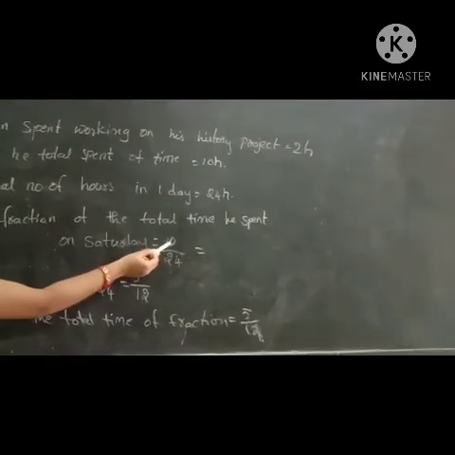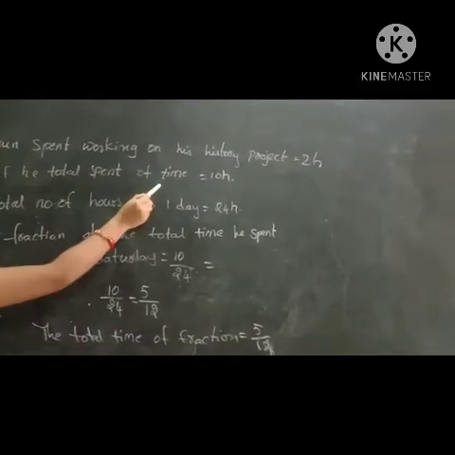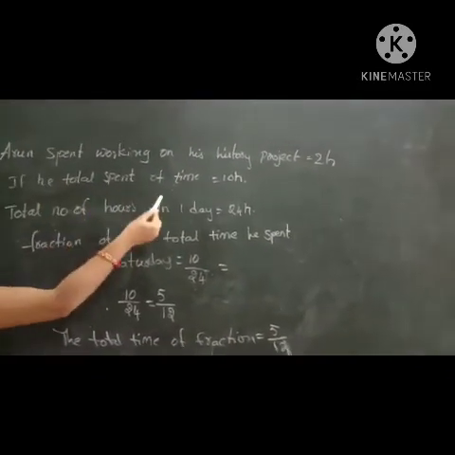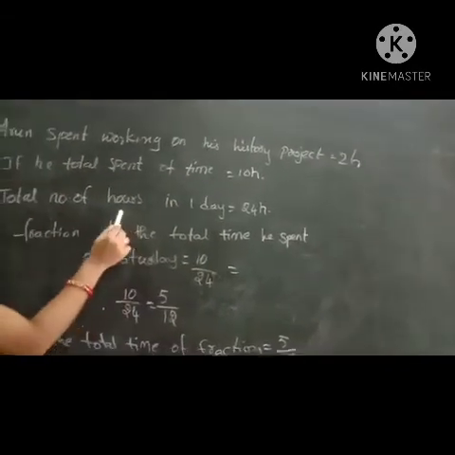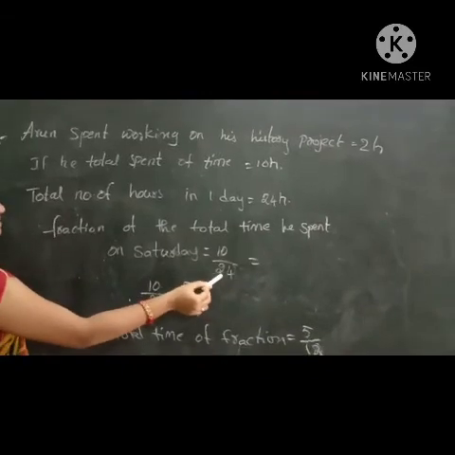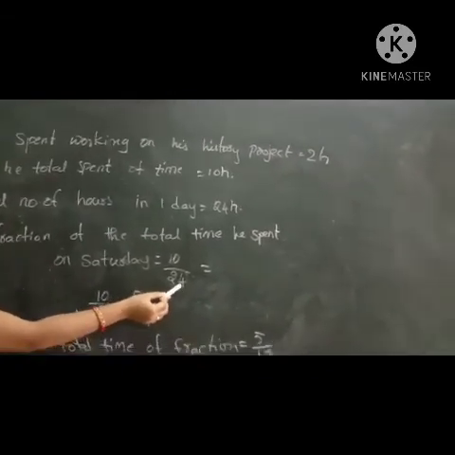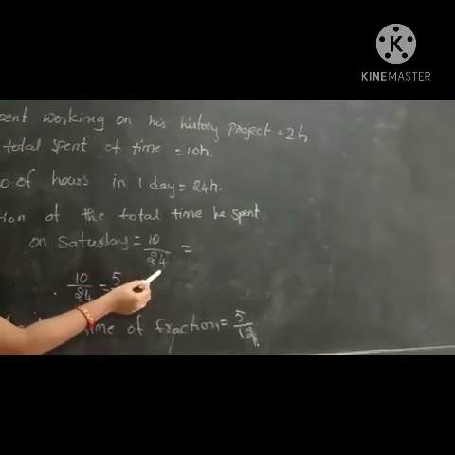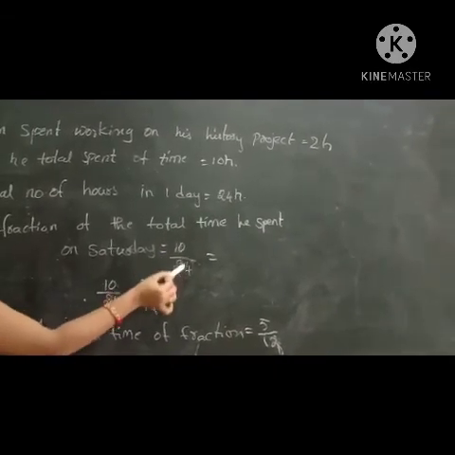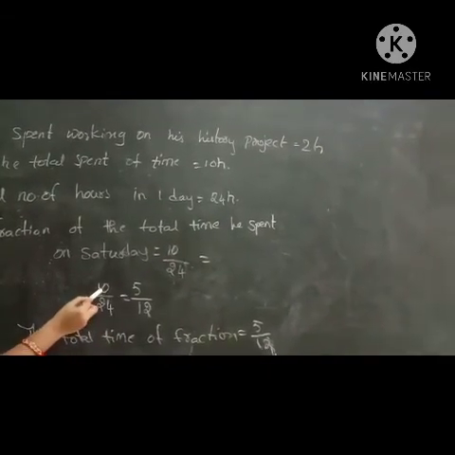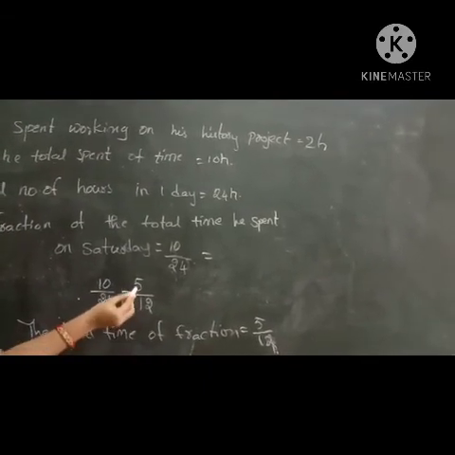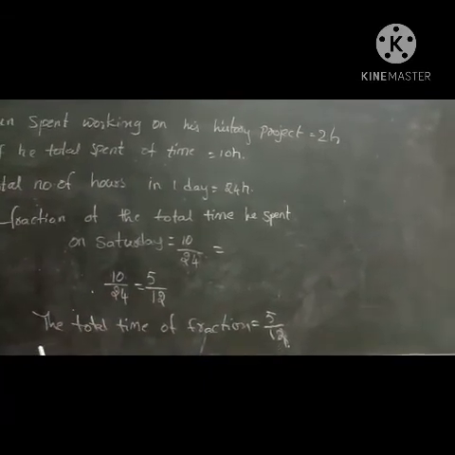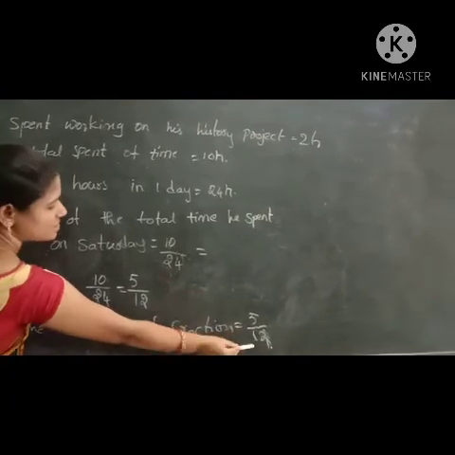Look here: 10 is the total hours spent, and the hours in one day is 24, and that 24 we have to write in the denominator. So 10 by 24 is there. Again we take these two numbers, and these two numbers are divisible by the 2 table. That's why the lowest terms are 5 by 12. So the fraction is 5 by 12.